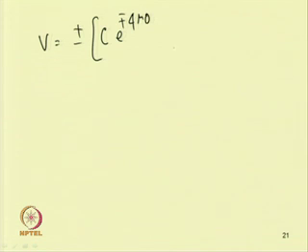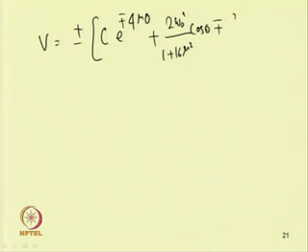This comes from the complementary part, and for the particular integral one can obtain 2 omega 0 square by 1 plus 16 mu square cos theta plus minus 8 omega 0 square mu by 1 plus 16 mu square sin theta to the power half.